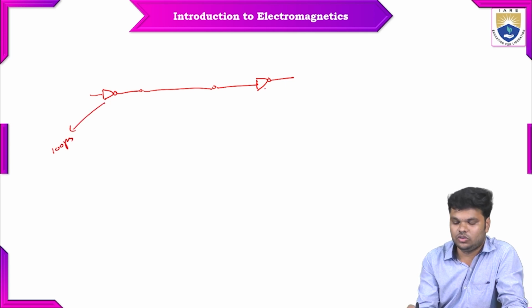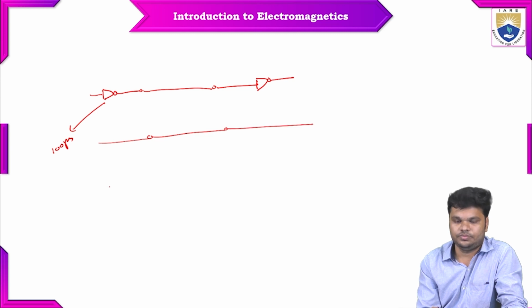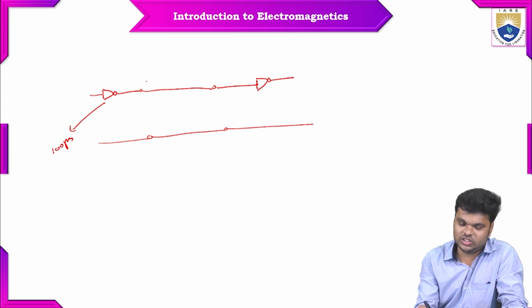If I connect two logic gates with a transmission line, let's assume that the delay caused by this transmission line is 200 picoseconds.